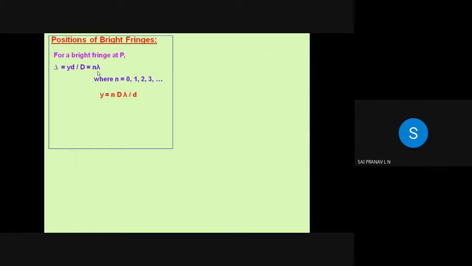Why am I making y the subject? Y is the position from the center to a point. Are you getting my point? Y is the position of the fringe. Are you following? Yes, sir. Y is the position along the vertical axis from the central fringe to the first fringe.